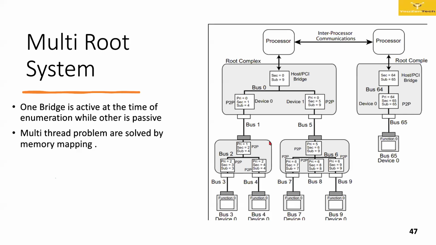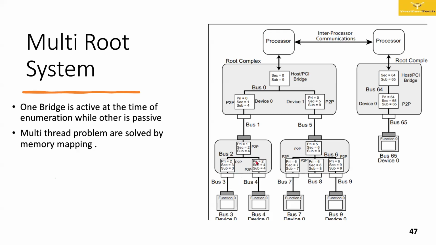I have one question regarding this same enumeration. Primary bus numbering is fine, but how will the secondary numbering happen for the next bus? If you have 2, you will come to 3, right?